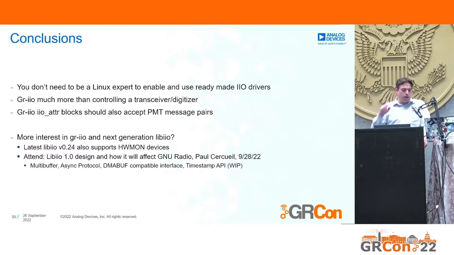Also, the latest version of libIO 0.24 now supports hardware monitoring devices. So if you are interested in integrating your CPU temperature or your fan speed into your flow graph to do something differently, you can do that with it.